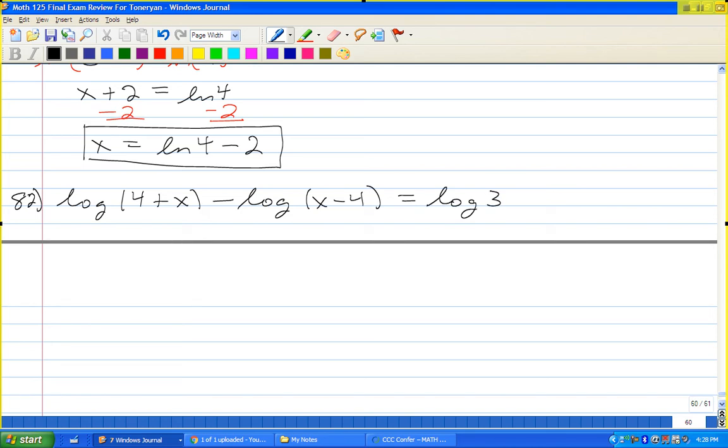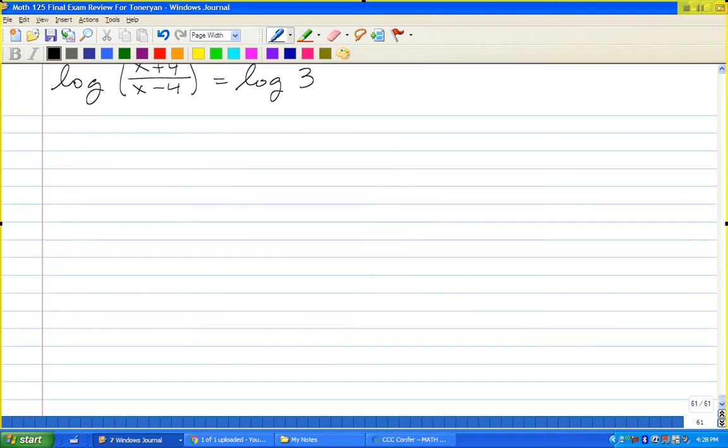So, since the difference of logs is the same as the log of the quotient, this is the same as log of x plus 4 over x minus 4 equals log of 3. Since the logarithmic function is injective, if these two logs are equal, then what's inside the logs must be equal.